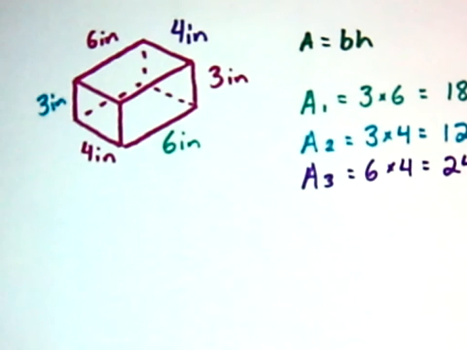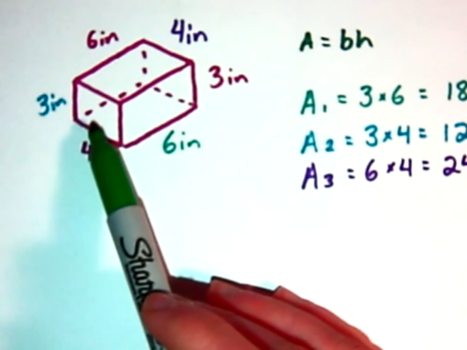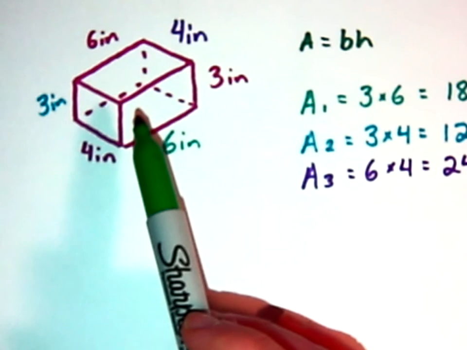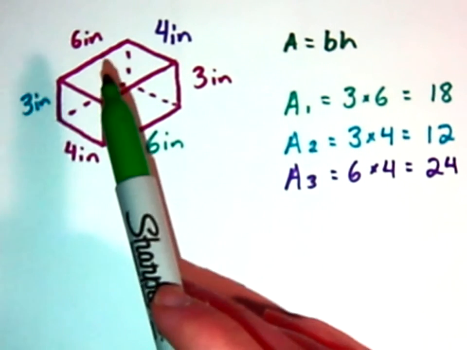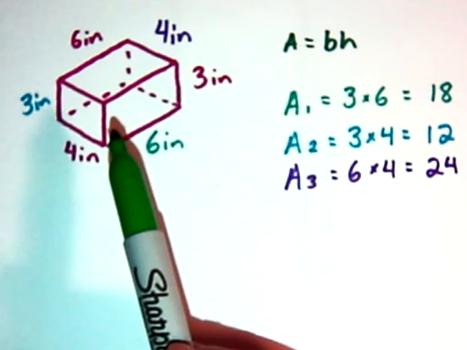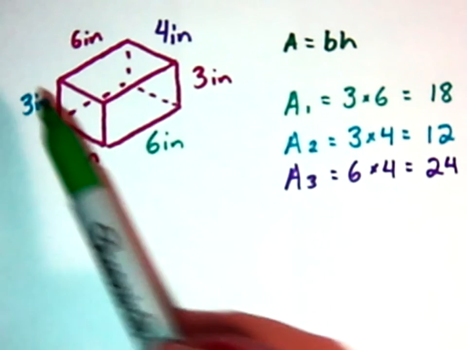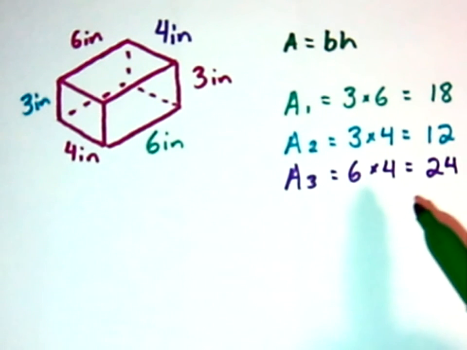But if you remember, early on, I said that the opposite sides are similar, okay? So, for instance, the top and the bottom, those are going to have the same area. So, if the top and the bottom have the same area, all we have to do is double the amount. Because if I have 2 areas that are the same, I just need to multiply it by 2, okay?